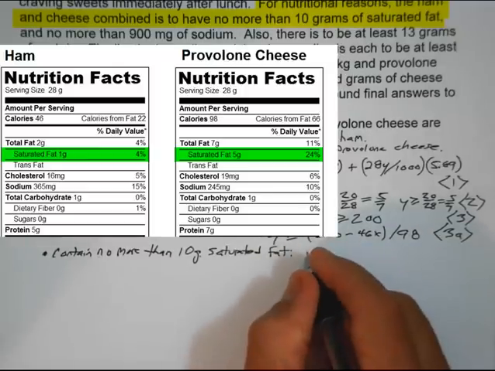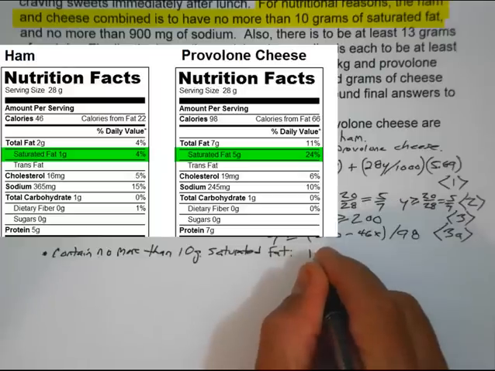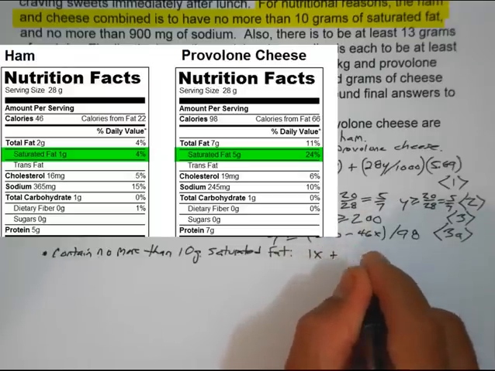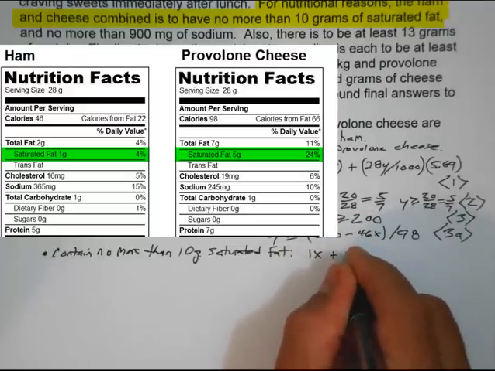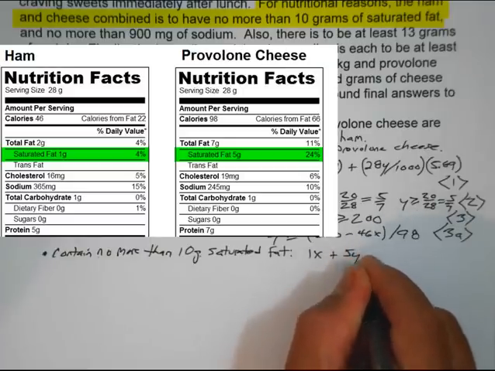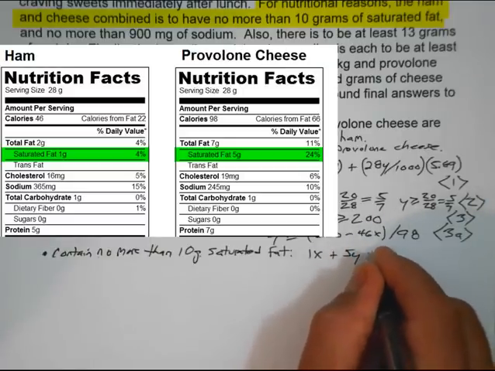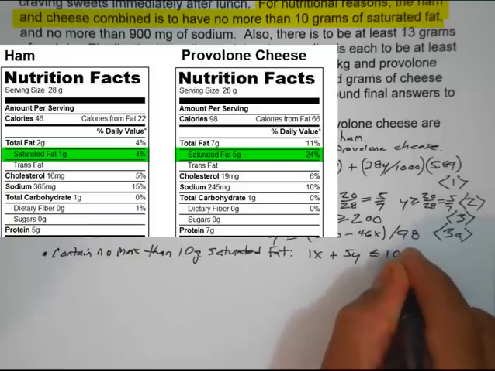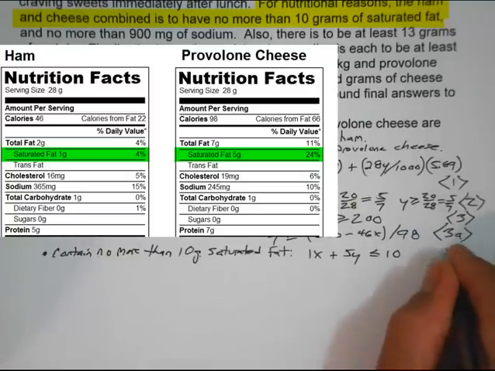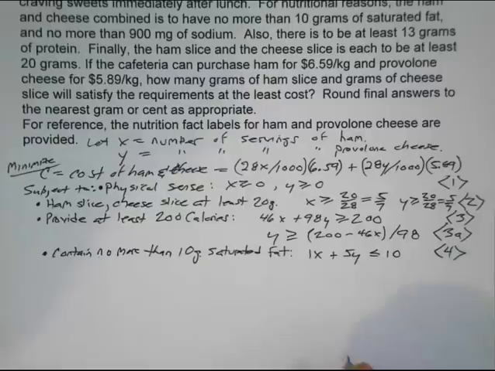Okay, so we saw there was 1 gram in one serving of ham, so 1x, plus 5 grams of saturated fat in one serving of the provolone cheese, 5y, and that is to be less than or equal to 10. Okay, could call that inequality 4.